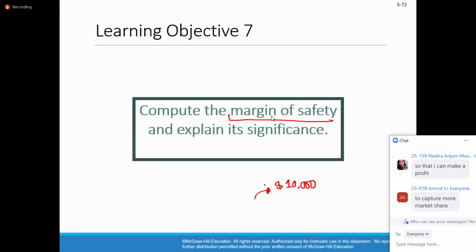Okay, let me give you an idea so that I can get a response from you. Say there are two businesses, A and B, identical because they do the same business. Let's assume that they have the same amount of break-even sales dollar, which is $10,000, just for simplicity.